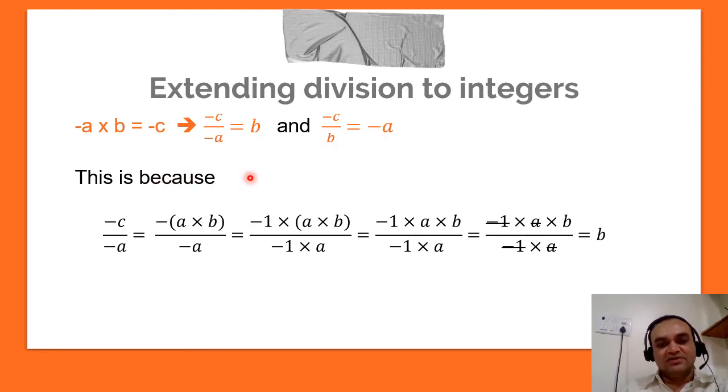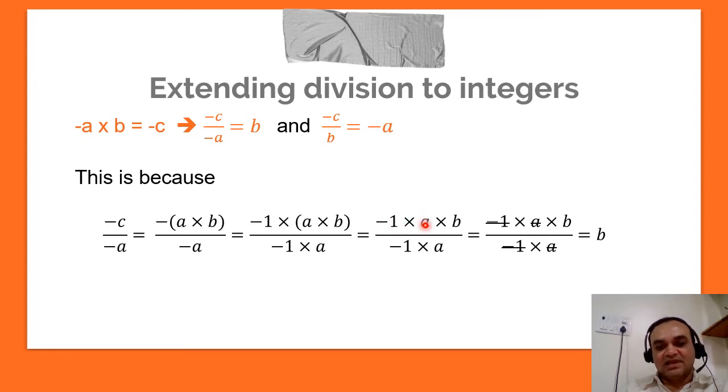Why does this answer come out? Let's expand minus c divided by minus a. I can factorize c as a times b. So I have minus of a times b divided by minus a. Now I'm writing minus as minus 1 times a times b, and in the denominator also I'm writing minus a as minus 1 times a.